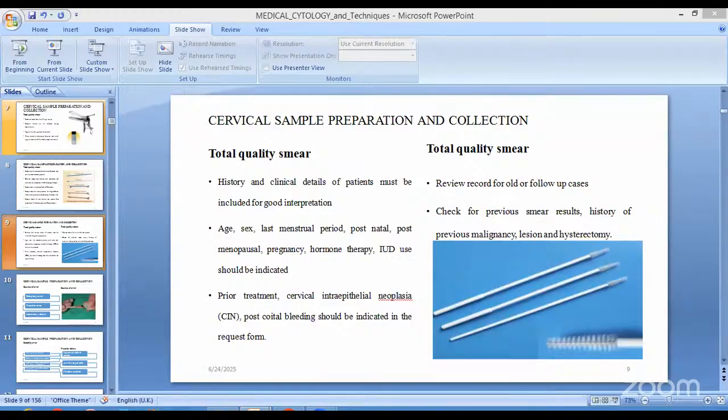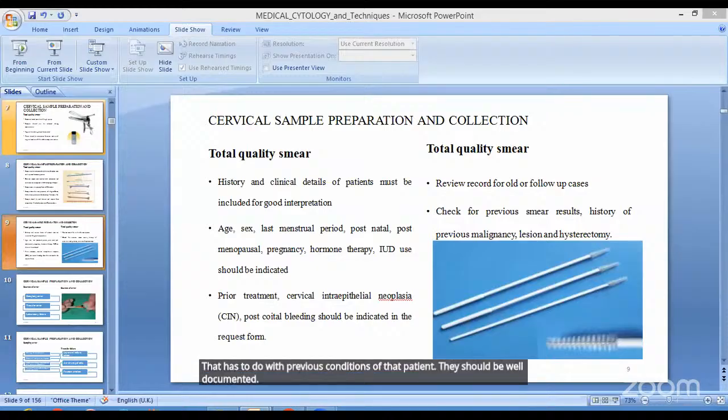Other information that is needed is if there has been previous history of postcoital bleeding, and whatever information has to do with previous conditions of that patient. They should be well documented in the request form.